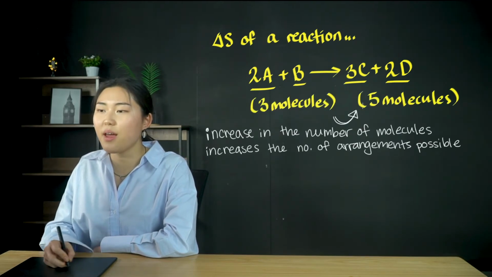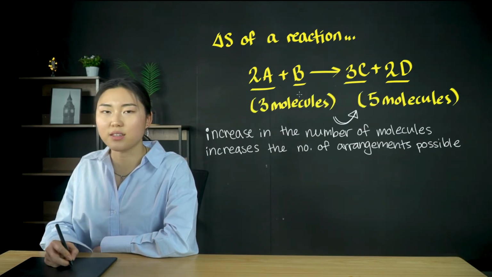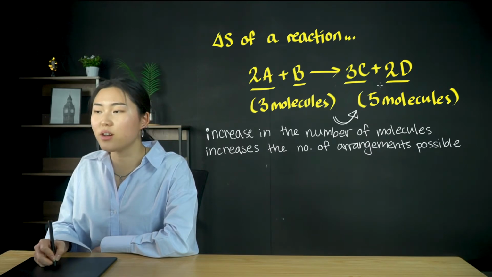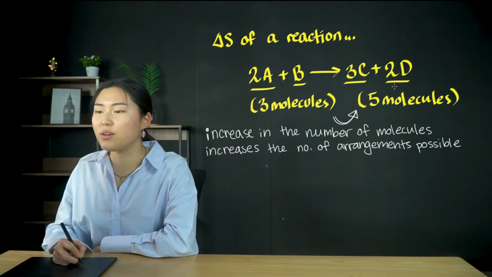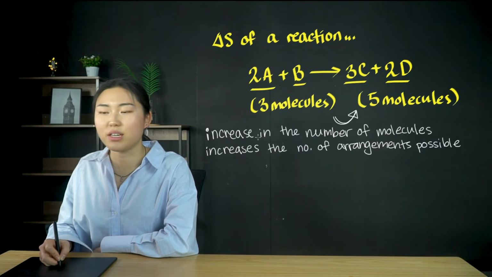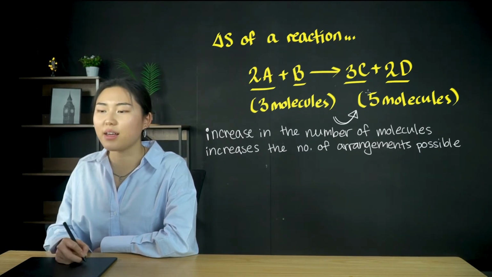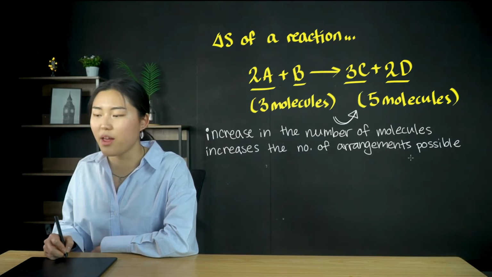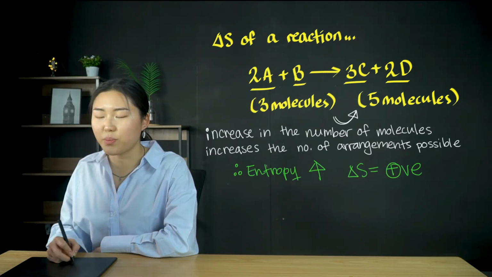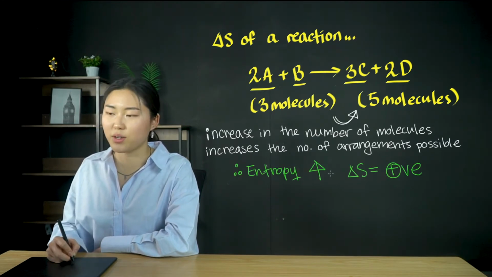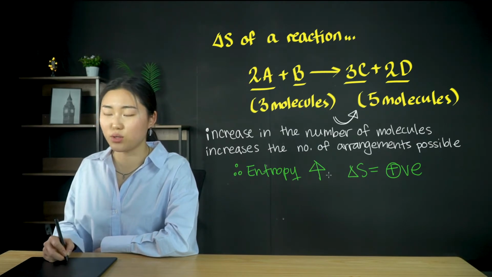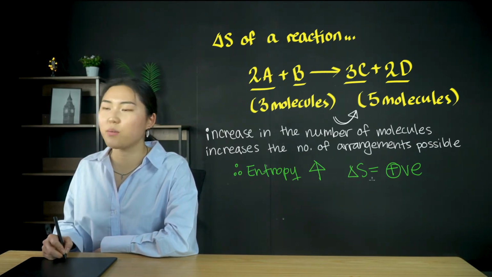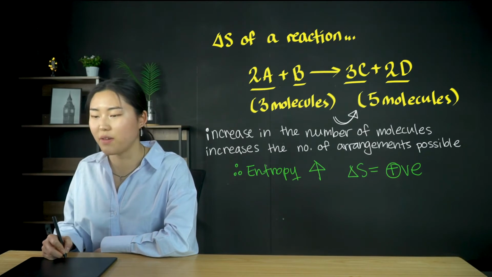We have 3 molecules on our reactant side, and we have 5 molecules on our product side. So the number of molecules is increasing, right? And that gives an increasing number of arrangements possible, and therefore the entropy is also going to be increasing. So the change in entropy is going to be positive, from a lower to a higher entropy value.